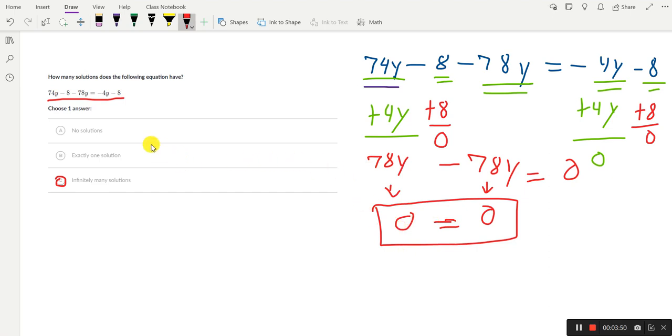Okay, so for instance, if y equals 0, that's going to be true. If y equals 2 or 1 or 1,000, that is going to be the same. So this equation has infinitely many solutions.